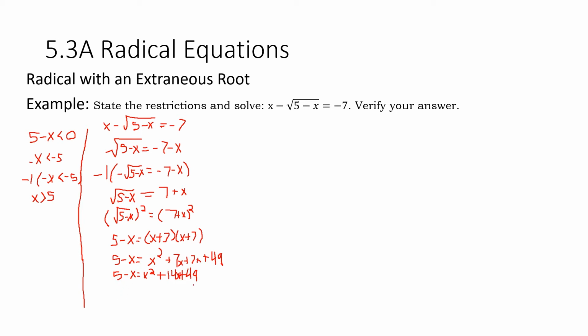So take 5 away from both sides, and you'll have negative x is equal to x squared plus 14x plus 49 minus 5 is 44. Add x to both sides to make this equal to 0.